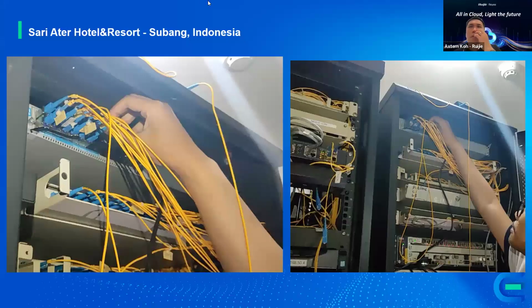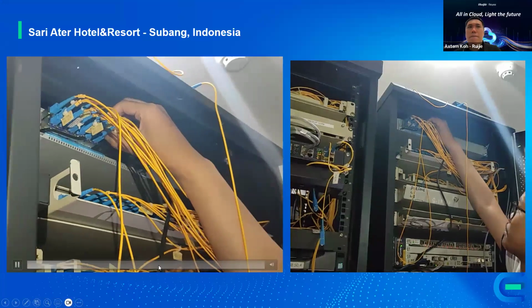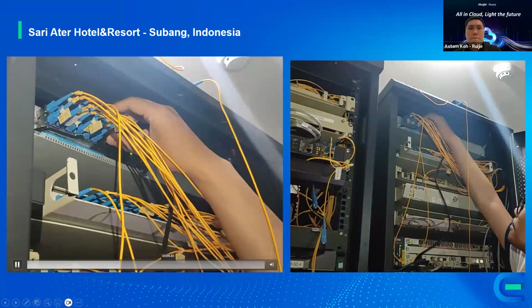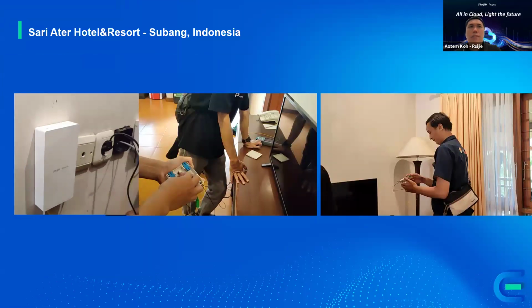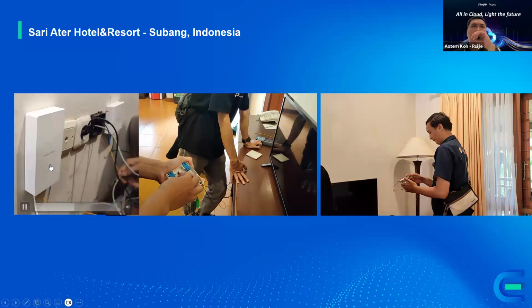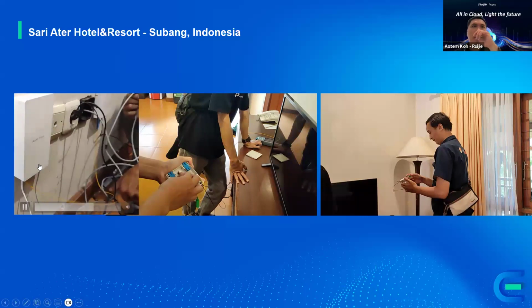In the end, all the fiber is point-to-point direct to the SC, with our PON port distributing to the splitter, everything. And on the wall side, this is how they power up our AP with the fiber.